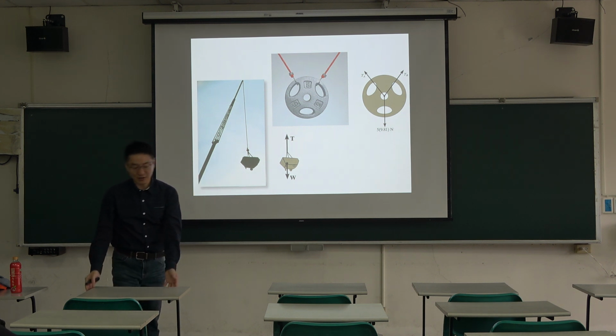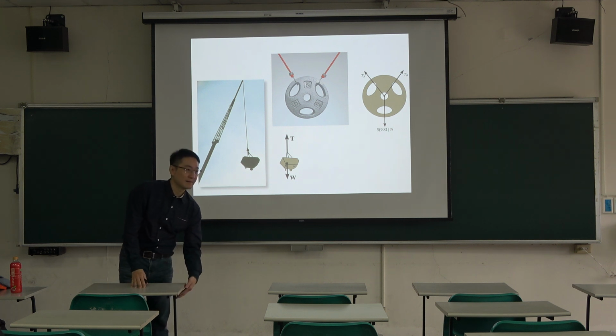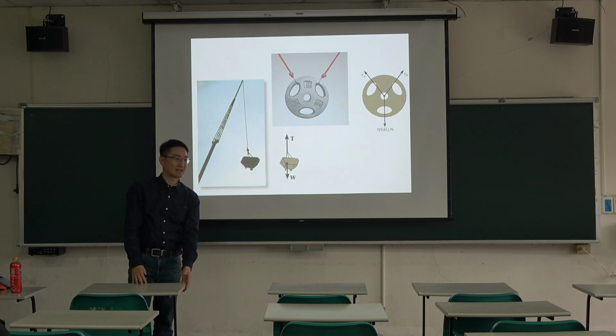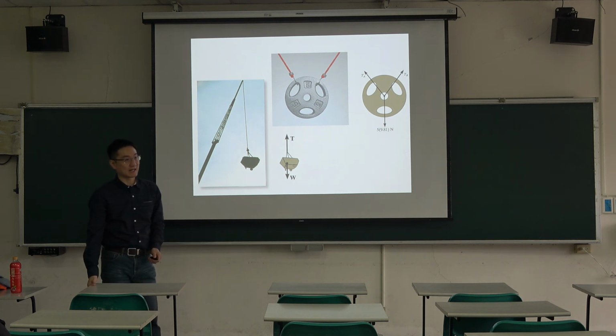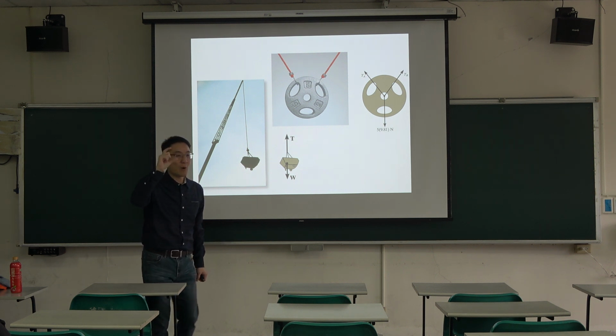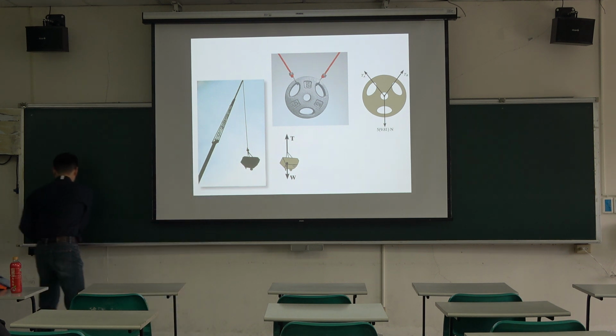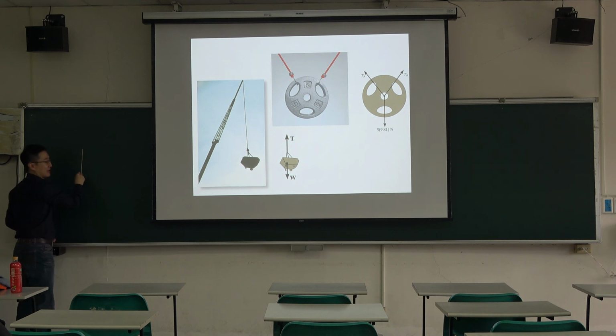So maybe here we have a column. We just use one element to represent the column. Generally, in a computer, one element means just a line and two joints. In software, to analyze the whole structure, there is only one element, only two nodes and one line.